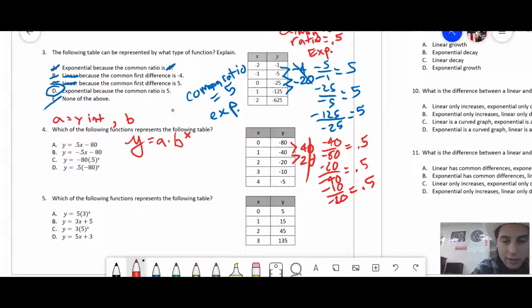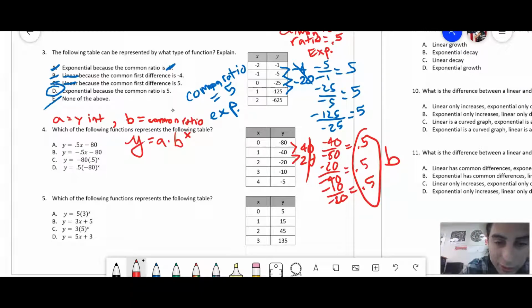B is your common ratio. Now, we already found the common ratio. We already know our B value is 0.5. Now, the question is, what is my A value, my y-intercept?